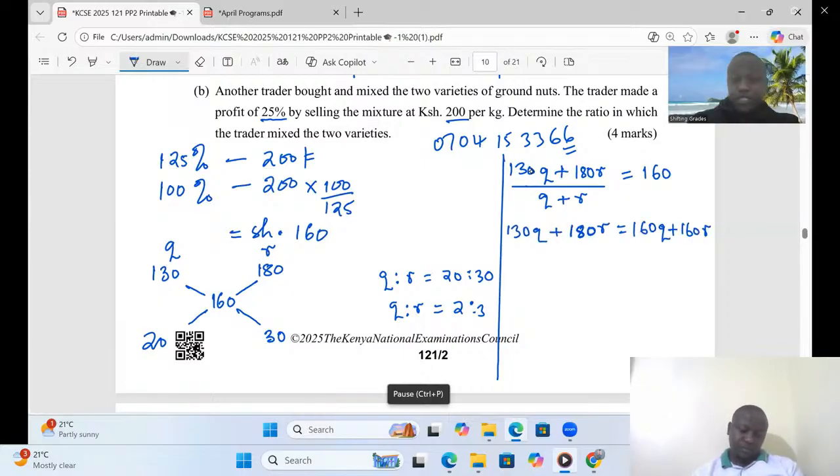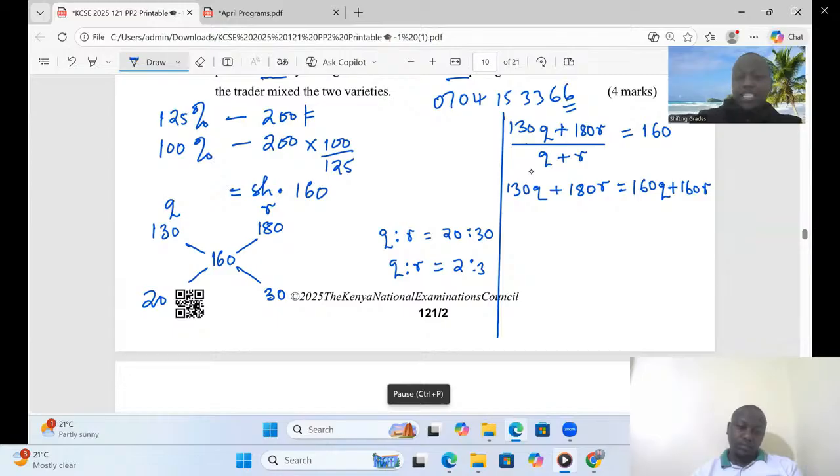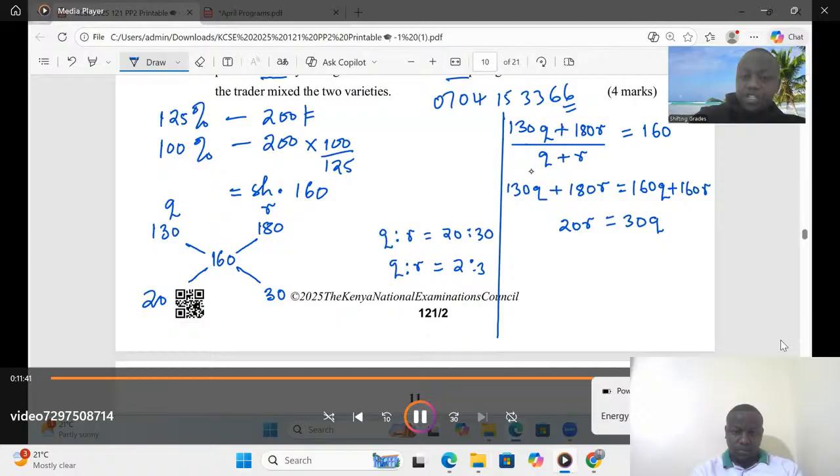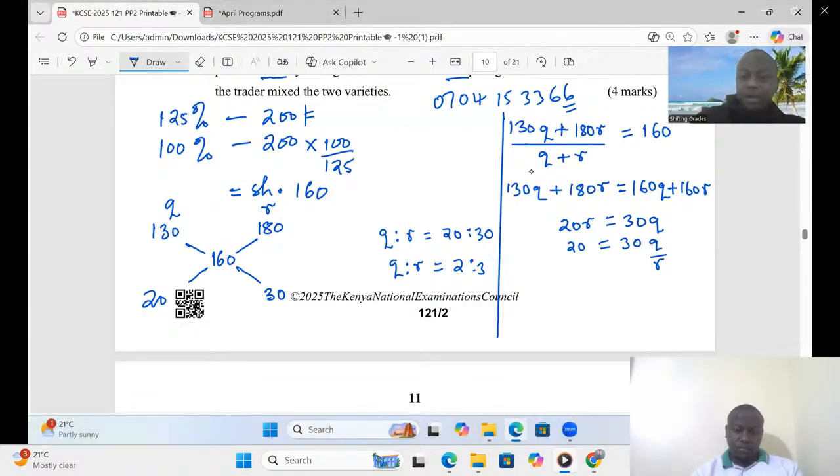Can we group terms together? Yes. If we group terms together, we shall have 160 minus 130, giving us 30 Q. Then 180 minus 160, giving us 20 R. To remain with just 20 alone, we divide through by R. So 30 Q over R equals 20. Then to remain with the ratio Q over R, we divide through by 30: 20 over 30, giving us 2 over 3.